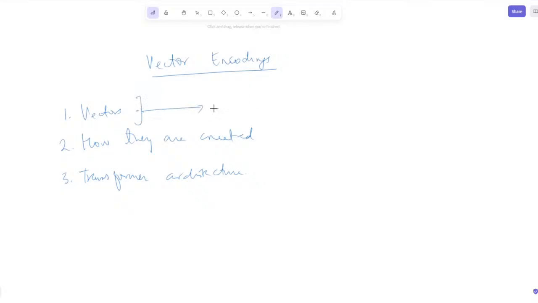Vectors are basically compressed representations of concepts. When I say concepts, it can be objects. So you have an event and it has a timestamp, it has some properties, some parameters.